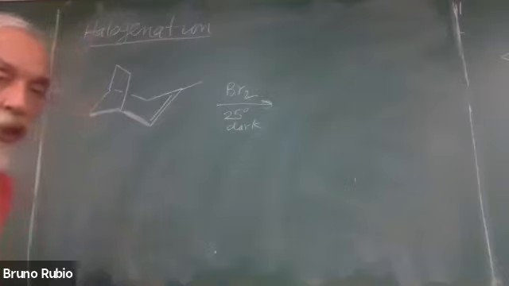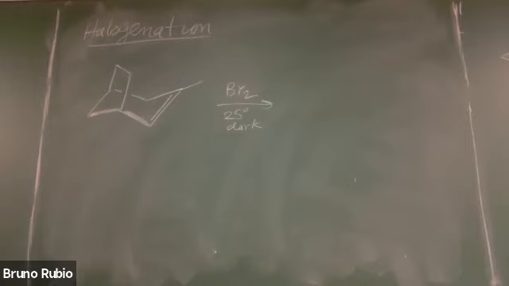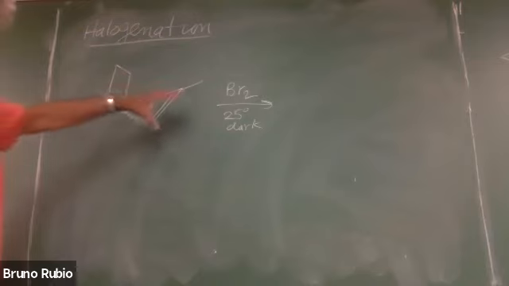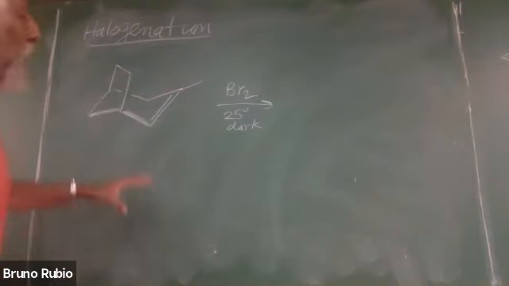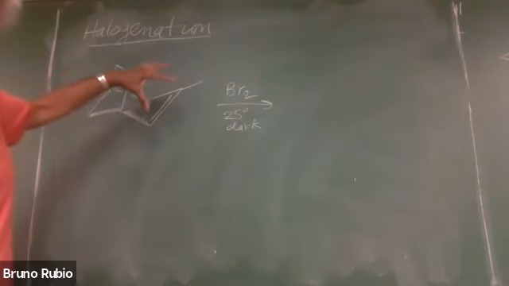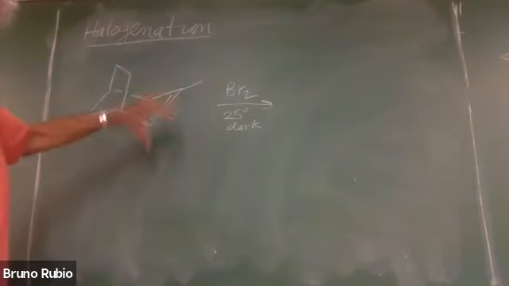Draw the structure of the product, but I want to see a nice chair conformation. So first step in the mechanism is the formation of that cyclic bromonium cation. Tell me about that cyclic bromonium carbocation.